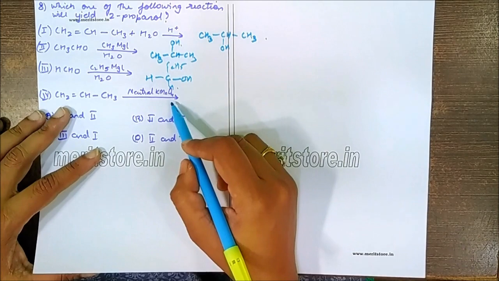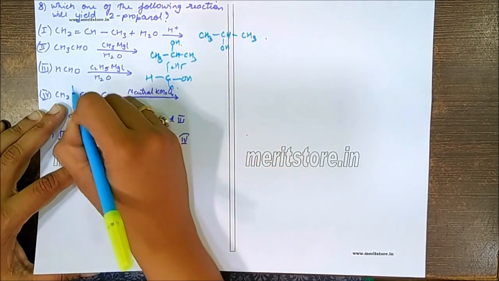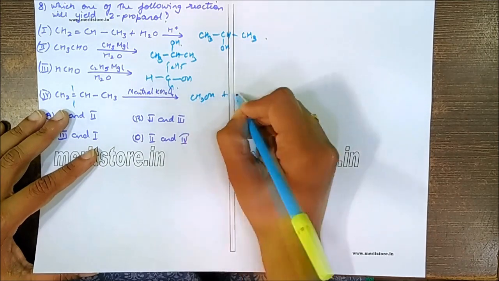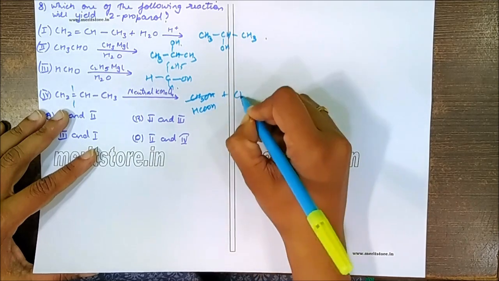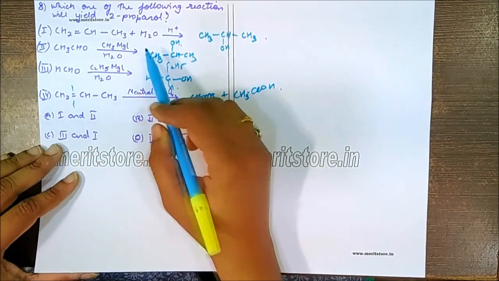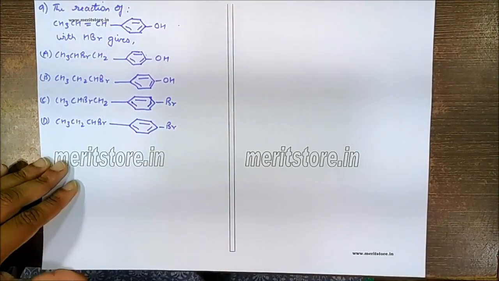And the last one with the neutral KMnO4, we are expected to get again oxidized product. Sorry, oxidized. So it is formic acid and the acetic acid. So the option is 1 and 2. Hence option is A for question number 8.